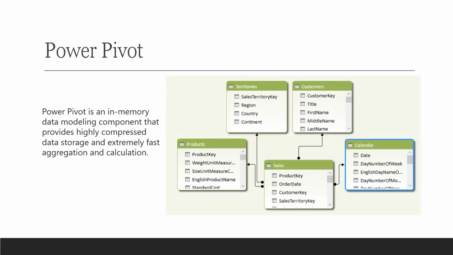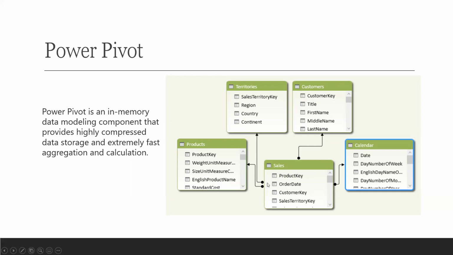Then comes Power Pivot. Power Pivot is nothing but a modeling of the data. We get the data from different data sources in different tables. For example, you have a sales table, products table, territories table, customers table, and calendar. So how do you create the relationship? That is what Power Pivot does.